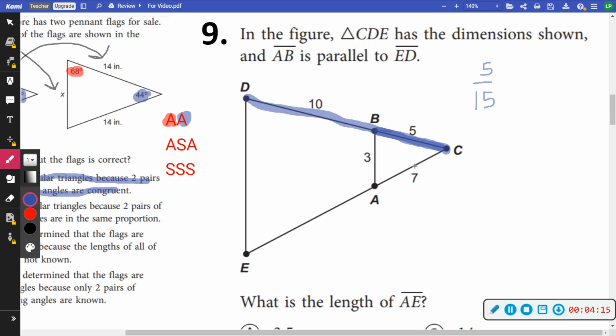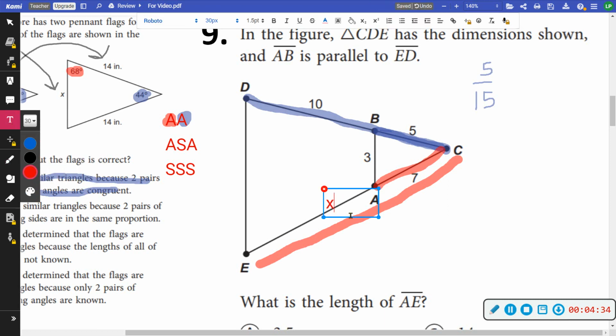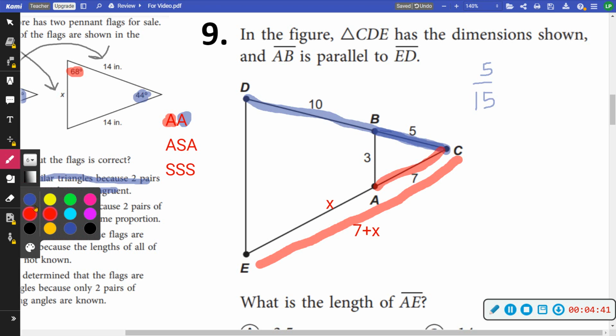So let's set that equal to 7. And now this part right here, we don't know what that is. So we'll let this be X. So then the whole thing will be 7 plus X. So that would equal 7 to 7 plus X.